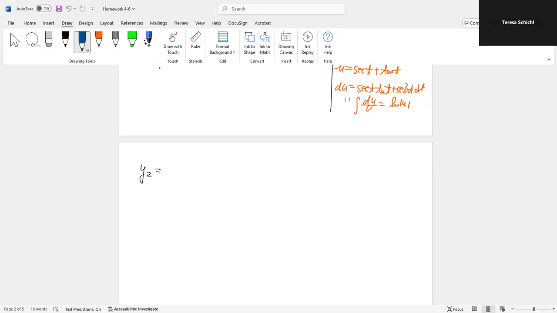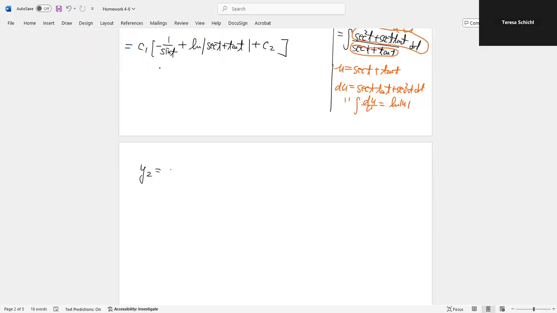So here this will be C1 times sine t, and the whole thing is negative 1 sine t plus ln secant t plus tangent t, plus c2. See. All right, now let's do it.